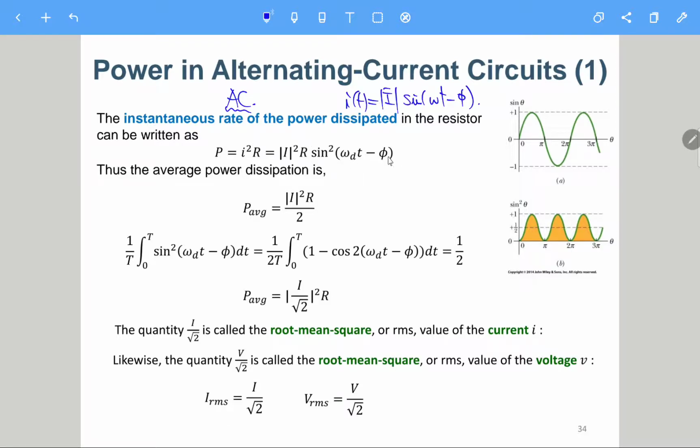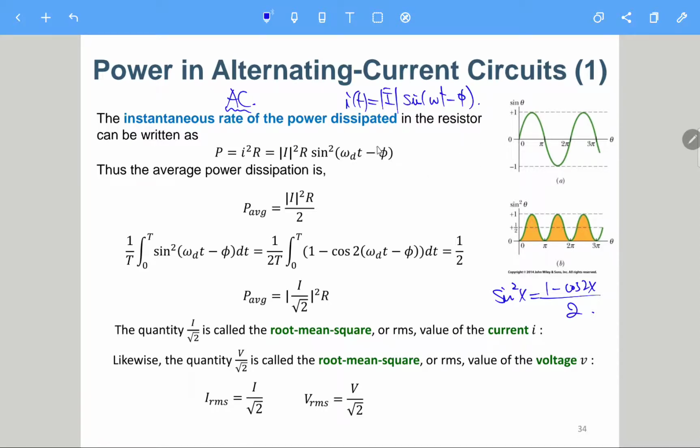Of course this is a sine squared, and if you still remember, sine squared of x is (1 minus cosine of 2x) all over 2. So it's still some sort of cosine, but we only shift it up. And of course the average P can be calculated by this integration. This is a square, so it is all the way a positive number.